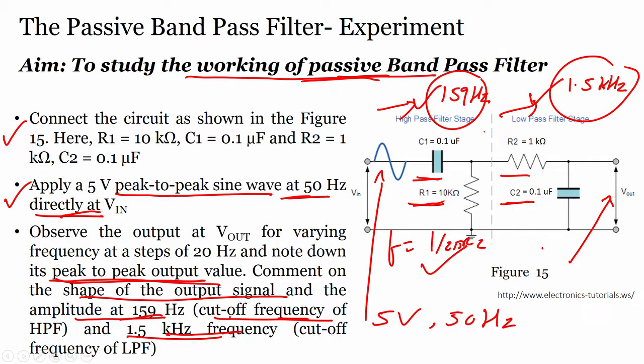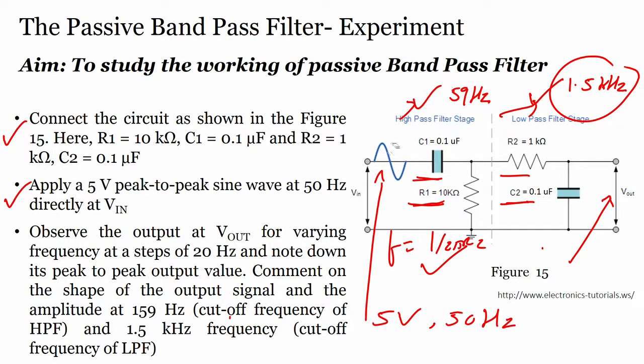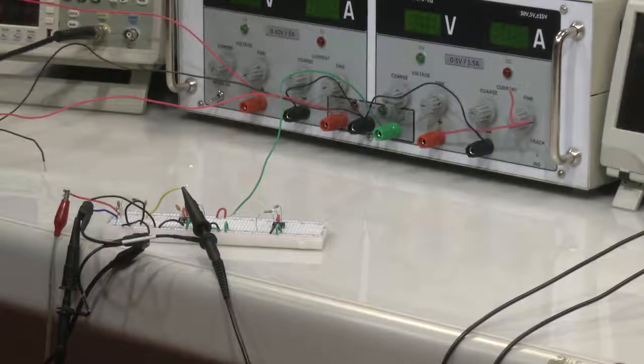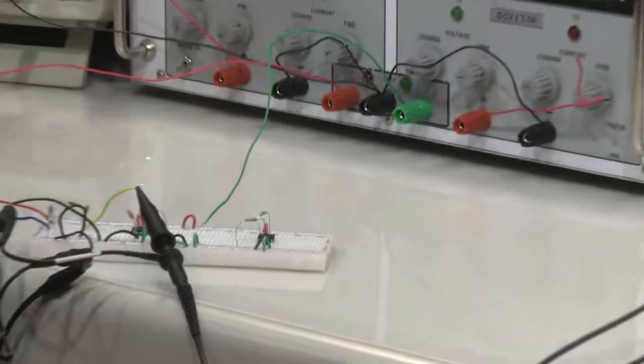Now, you have the cutoff frequency for low pass, you have the cutoff frequency for high pass, and let us see what we see at the output in this particular case, which is the passive band pass filter. So, I would like to call Sitaram to help us show the circuit on the breadboard, and then we will see how the circuit looks.